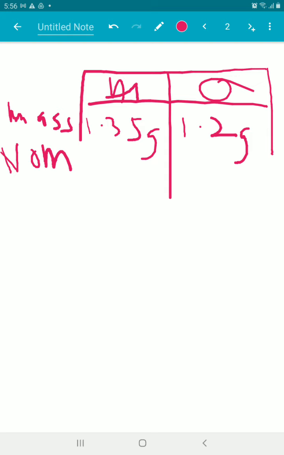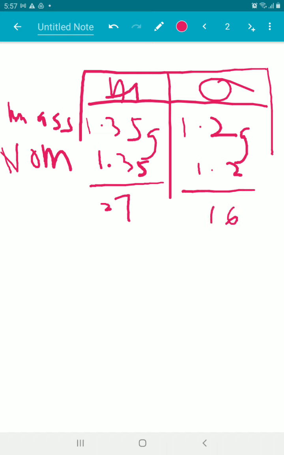From the mass given, we can calculate the number of mole of aluminium and the number of mole of oxygen. Then 1.35 divided by the RAM for aluminium, which is 27, and 1.2, the mass of oxygen, divided by the RAM for oxygen, which is 16.